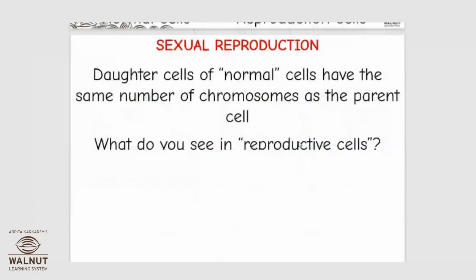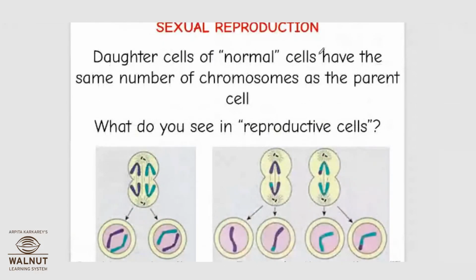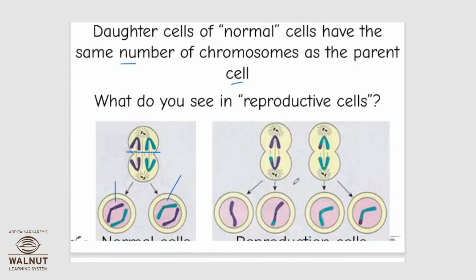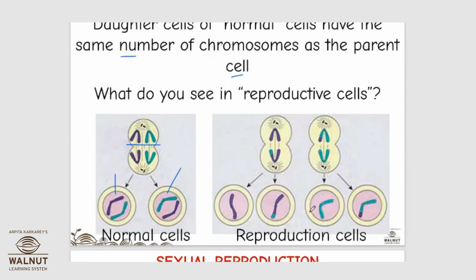Coming down, the daughter cells of normal cells have the same number of chromosomes as the parent cell. Here you can see 2 and 2. Here in the parents also they had 2 and 2. But in the case of reproductive cells, here, if you see, it has 1 and 1 in the parents.